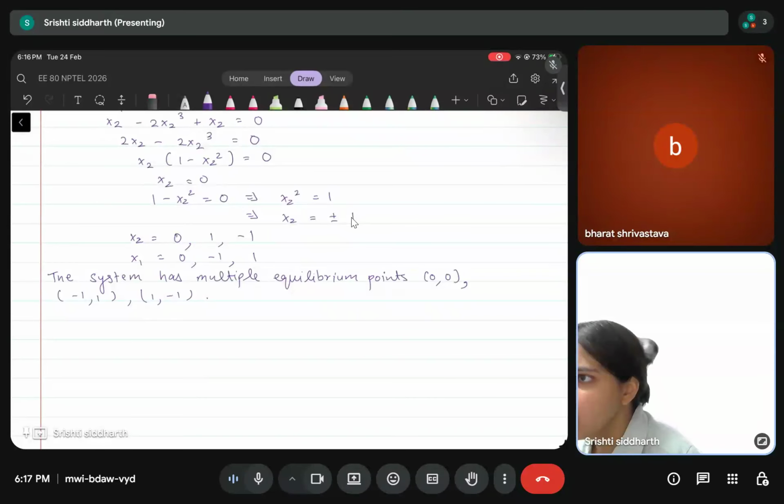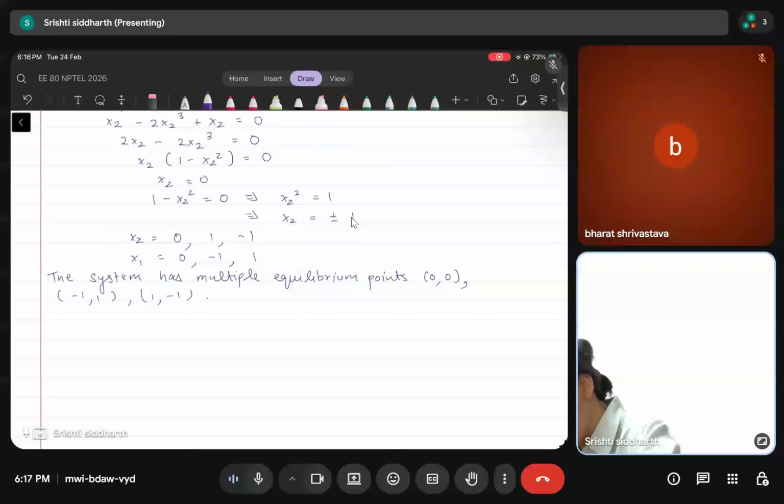For a function like this, V of x is positive definite if V of x is greater than 0 for x non-zero and V of x equals 0 at x equals 0. This implies that V of x is positive definite, or Q is positive definite.